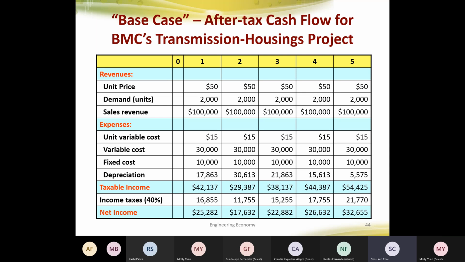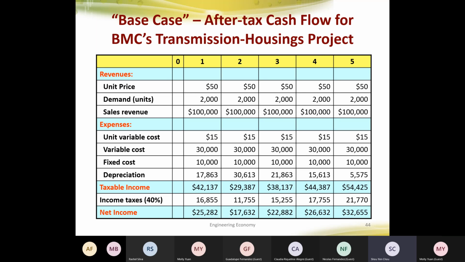We just want to show that under these circumstances, during the process of computing net income, we have revenue. We subtract expenses from revenue to get taxable income, and we have depreciation, and these are the costs. Fixed cost is given. Variable cost is based on unit cost multiplied by the demand, and we get taxable income for each of the 5 years.